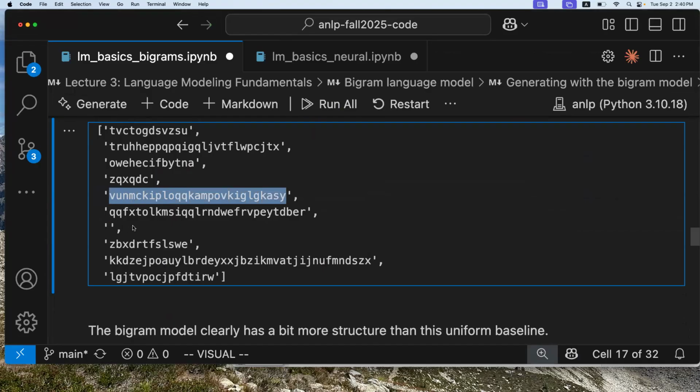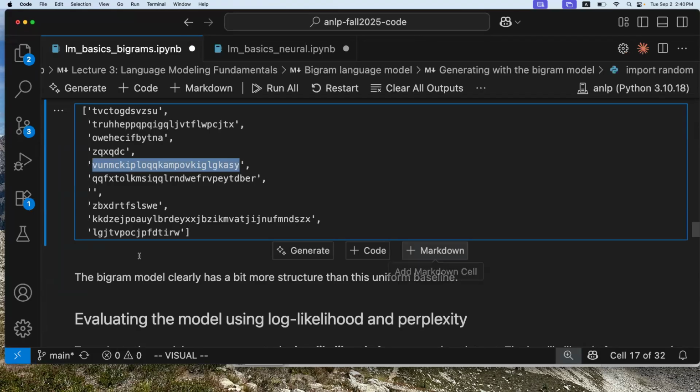So clearly, even this really simple model did learn something from this counting procedure. Now our goal is to improve upon this, and we'll see this get better and better. I think I actually keep the same example over the next two or three lectures.